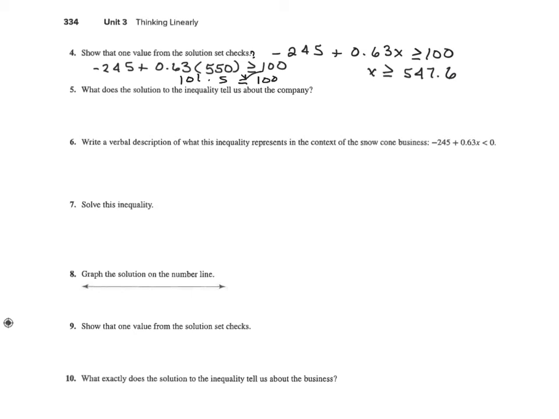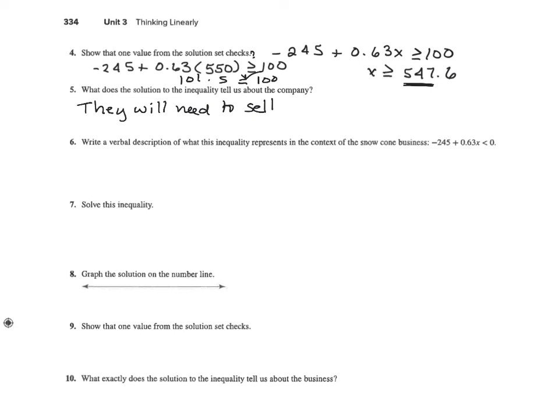And number 5 says, what does the solution to the inequality tell us about the company? Well, hopefully what we have here is they'll need to sell, okay, let's look at our solution here. Our solution was about 547 and 6/10.